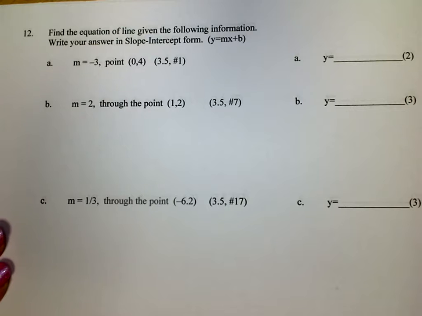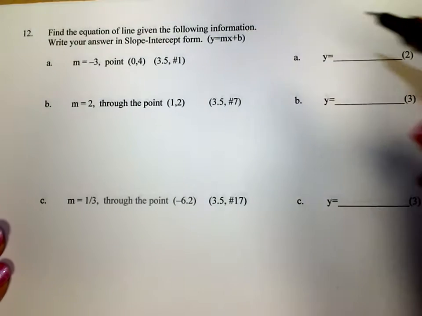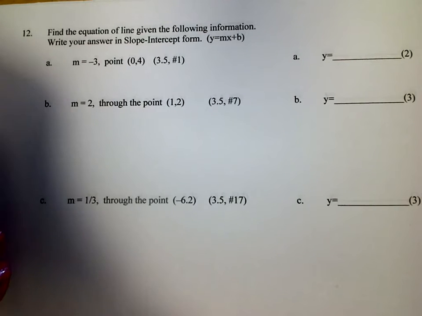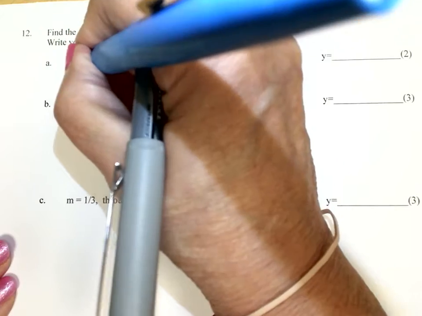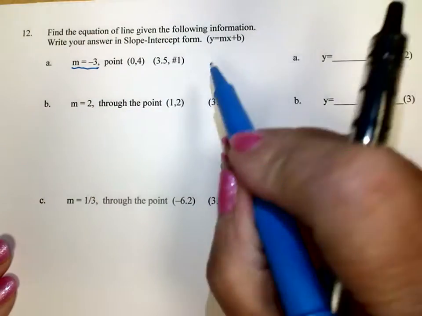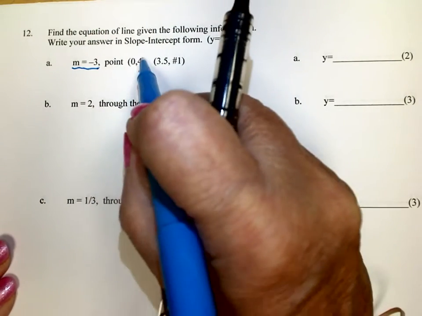Find the equation of the line given the following information. Well, what you see is that what you're given in this particular problem is the slope, and you're given the y-intercept.